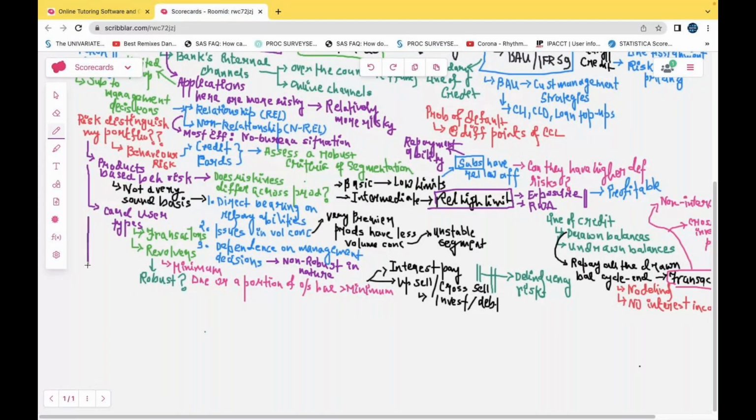The third source of segmentation, or risk, that can arise for a behavior scorecard is delinquency based risk.